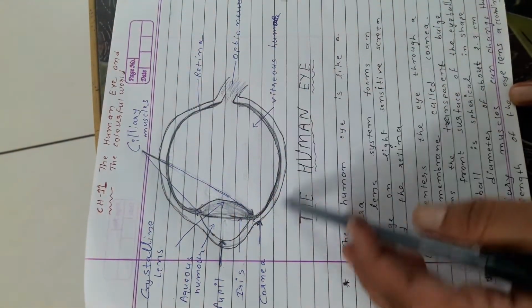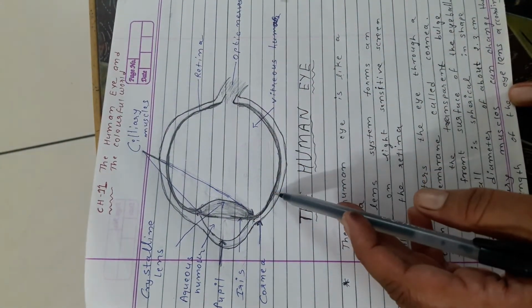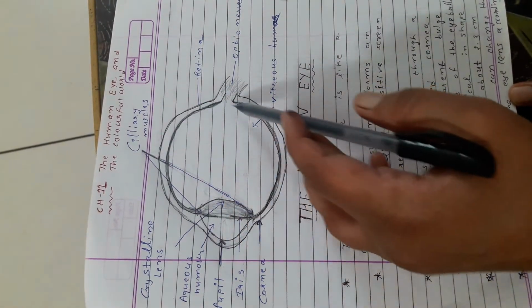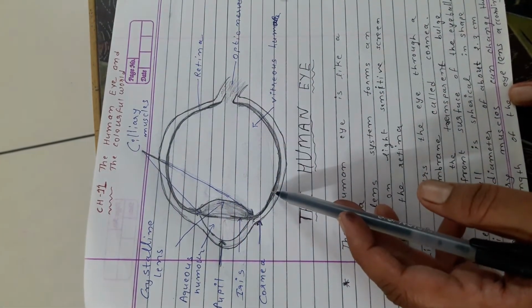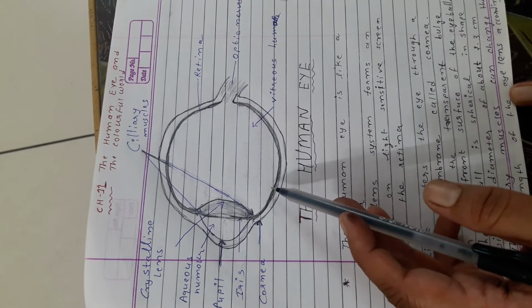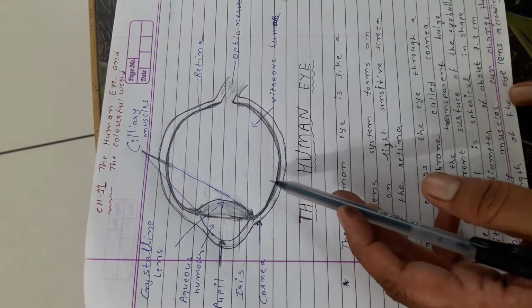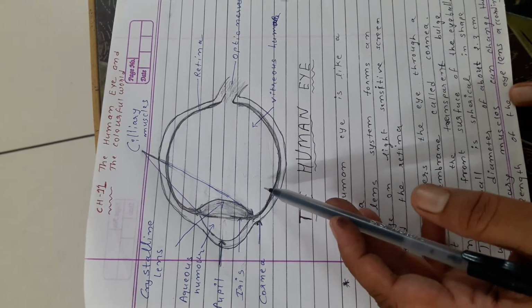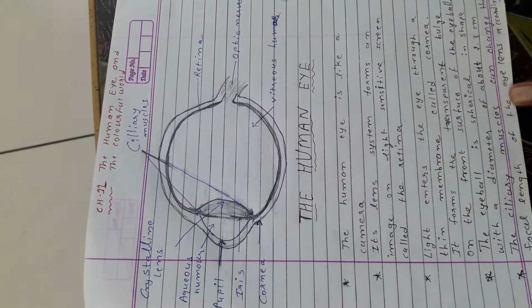Means our eyeball is spherical in shape. Its diameter is about 2.3 centimeter.